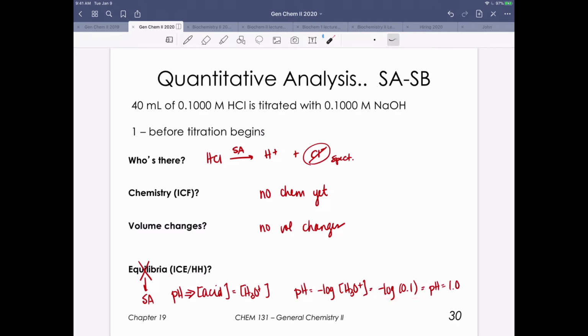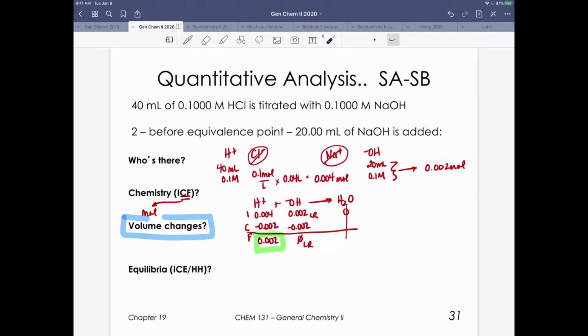Negative log of 0.1 tells us that the pH before we start is going to be equal to 1. So that's more of a chapter 18 type problem. What's the pH of a 0.1 molar HCl solution? It's going to be 1. And keep in mind, it doesn't matter if we had 40 milliliters or 400 milliliters. The concentration of H3O+ will be the same.